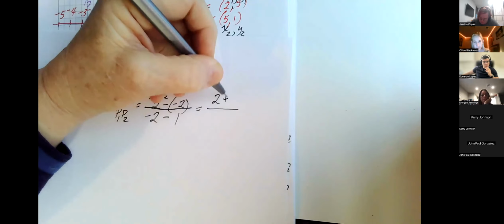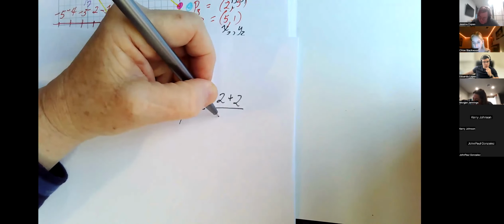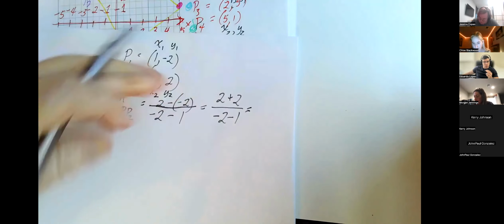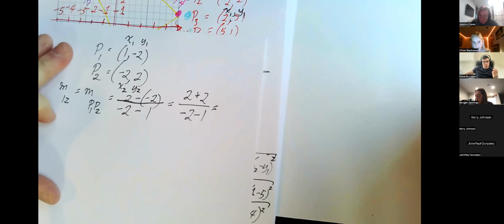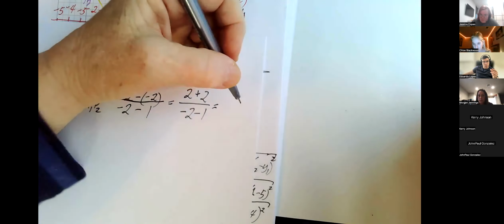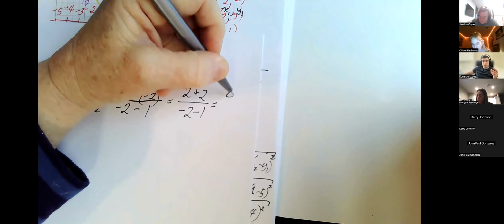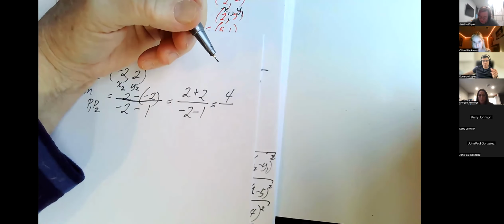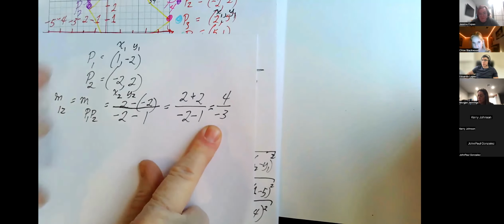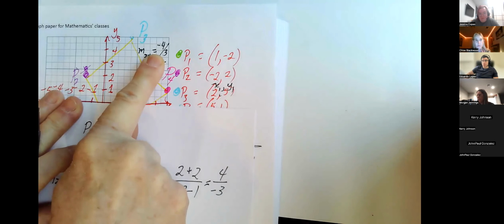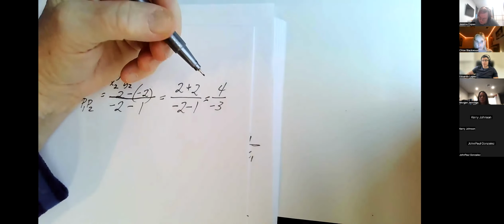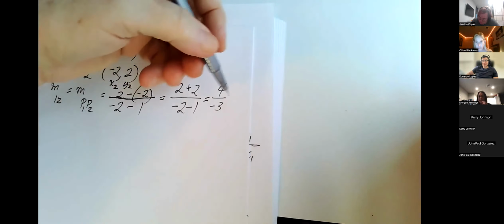So this is 2 plus 2 in the numerator, and negative 2 minus 1 in the denominator. 2 plus 2 is 4, and negative 2 minus 1 is negative 3. Good. That doesn't look the same as negative 4 over 3. How can I make it look the same? Put the negative on the 4. Good, very good.